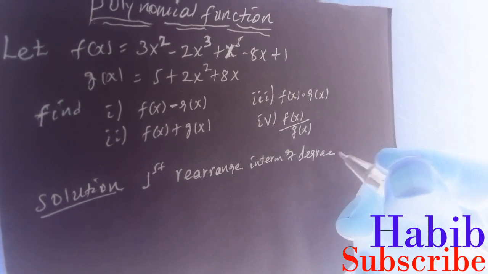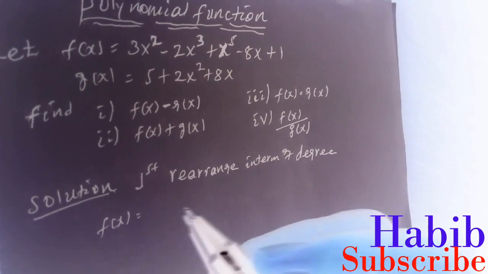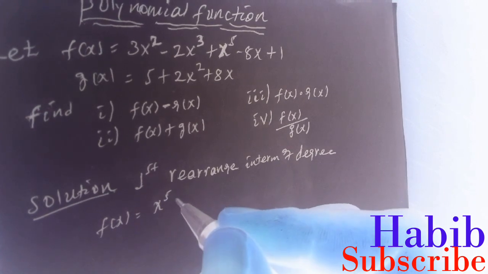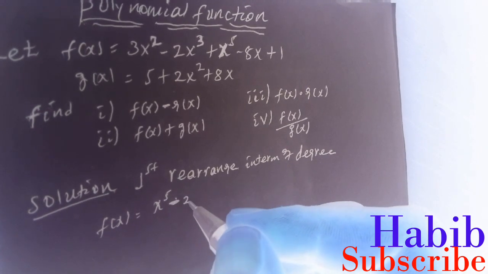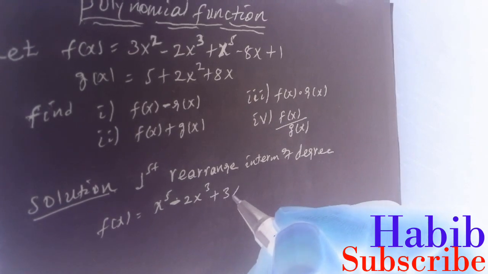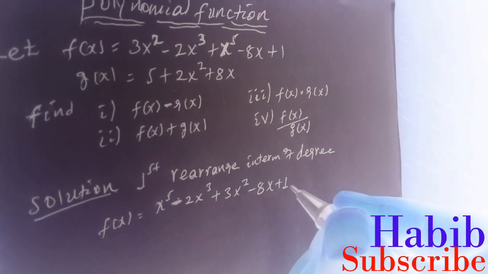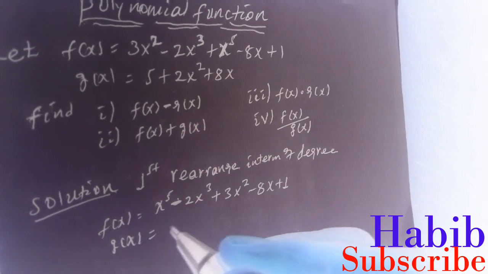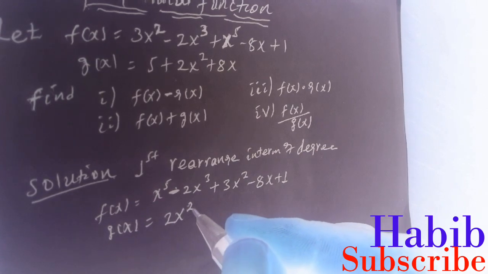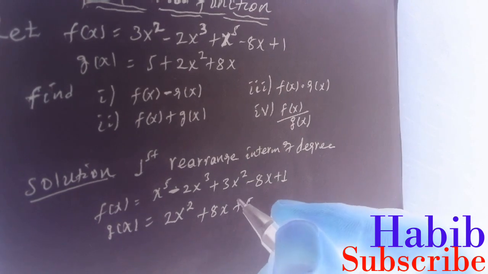Therefore f of x is equal to x to the power of 5, from the largest degree, plus minus 2x to the power of 3, the second largest, plus 3x squared minus 8x plus 1. g of x is equal to x squared plus 8x plus 5.